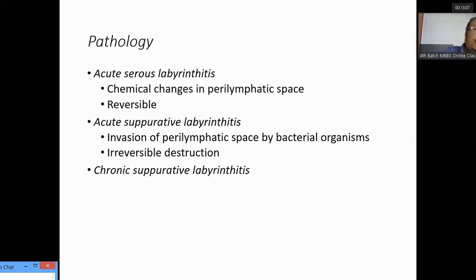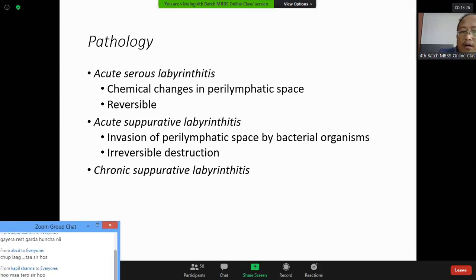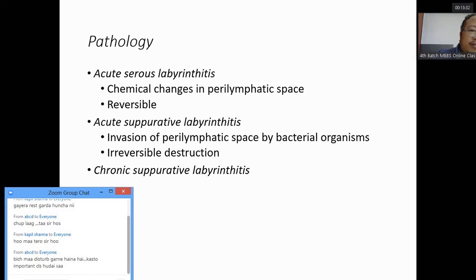In acute serous labyrinthitis, there are chemical changes in the perilymphatic space, but it is reversible. Management, treatment, we can manage it. In acute suppurative, there is an invasion of the perilymphatic space by bacterial organisms or toxins, which may cause irreversible destruction.